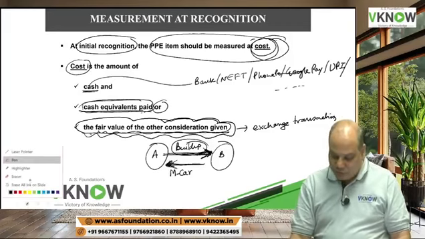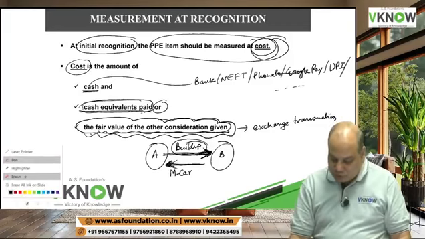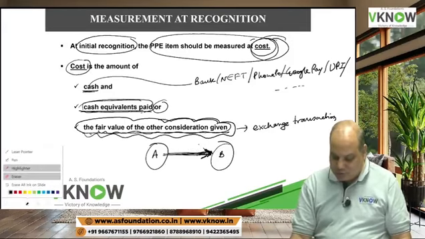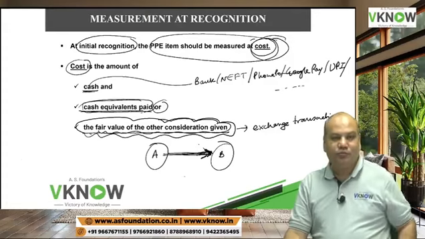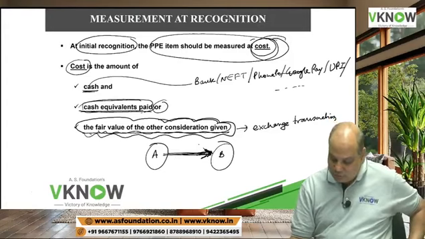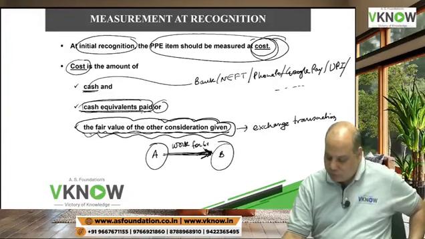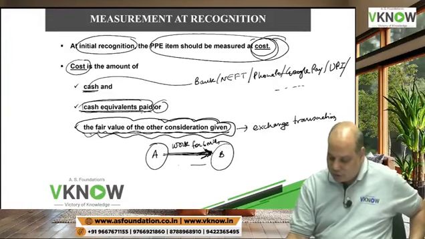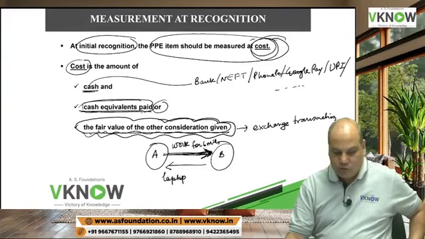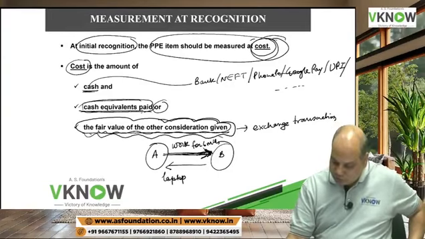Or for example, a student comes to me, his name is A, and he says, Sir, I want your laptop. I said, okay, you can take it. But then how are you going to pay? He says, I will work in your office for 6 months. So this is again an exchange transaction.